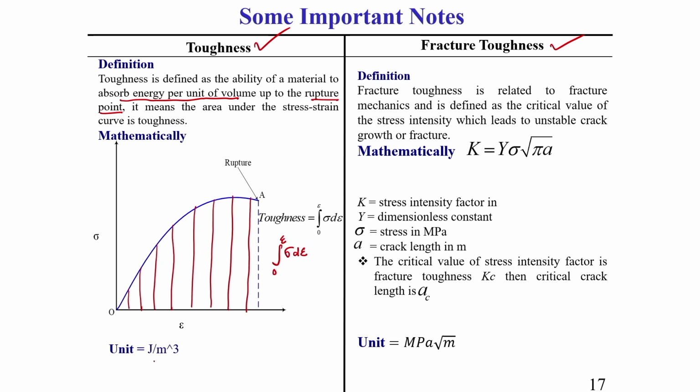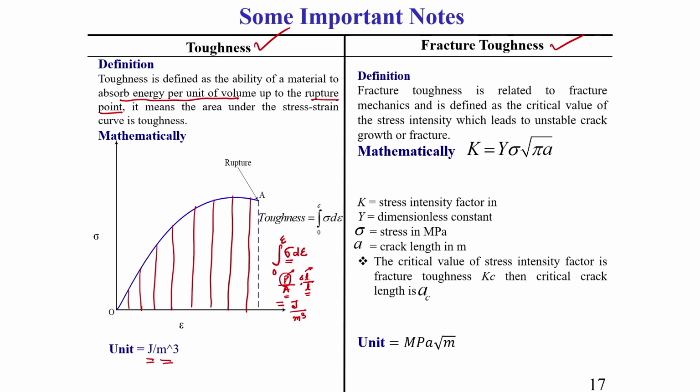Now, how its unit comes out as joule per meter cube, I am going to discuss. You know the sigma unit is force divided by cross sectional area, whereas strain is unitless, change of length divided by original length. If we write this, we can say P into distance is work done, and A into L has unit meter cube.